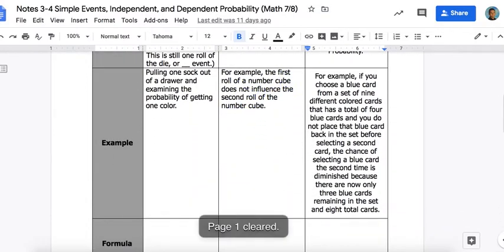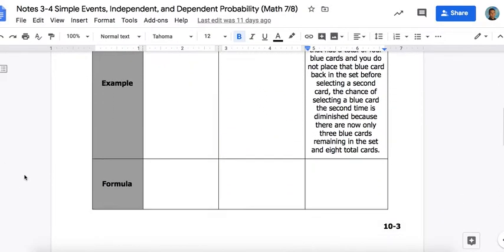So let's look at what the formula would be. Now we have two events. So what we have to do is find the probability of event 1, which is your desired outcome over the total. And then we have to find the probability of event 2. And notice we're going to multiply them together.